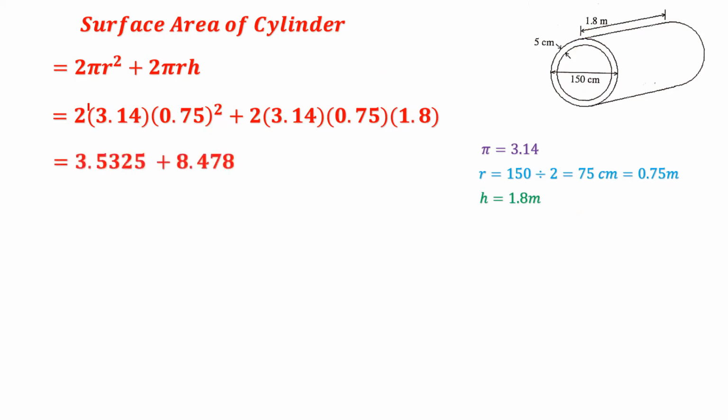If we multiply this section right here, we get 3.5325. And if we multiply this section right here, we get 8.478. Adding them together, we get 12.0105 meters squared. And so that's the correct answer for the surface area of the cylinder.